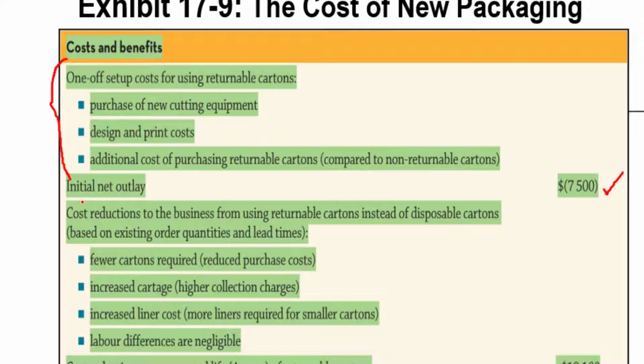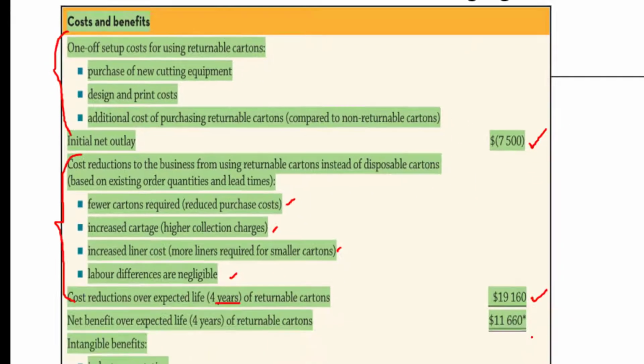Here are the benefits that can be valued in dollar terms. So the cost reductions from the business for using returnable cartons instead of disposable cartons will be that fewer cartons will be required, increased cartage, increased liner costs, labor differences, well, it says here is negligible, but the cost reduction over the expected life of 4 years is quantified at 19,160.